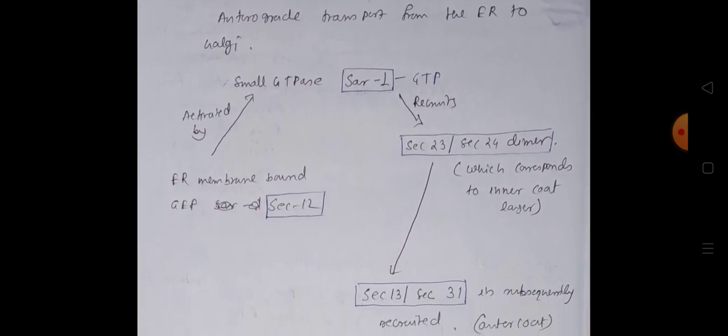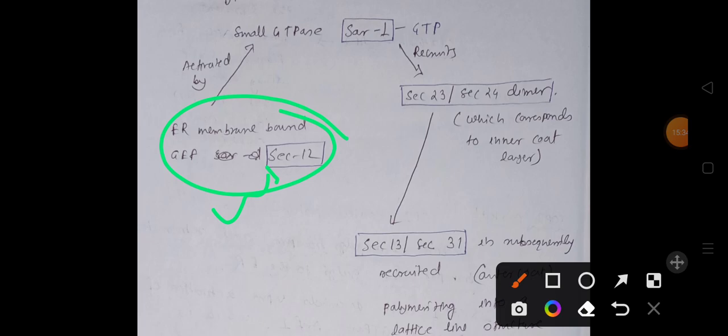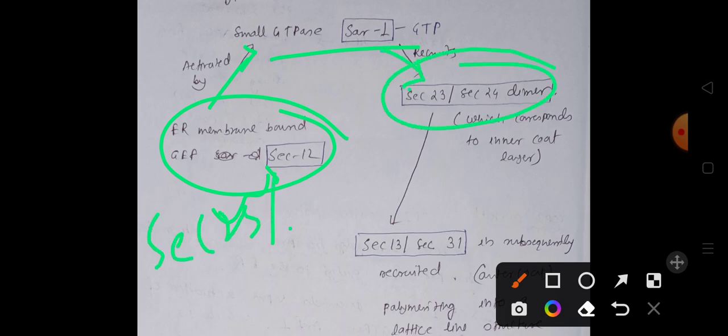It all starts with the ER membrane bound GEF, that is Sec12. This Sec12 will activate the small GTPase named SAR1. This SAR1 will in turn recruit a dimer, Sec23 and Sec24, which will play an important role in the formation of the inner coat.